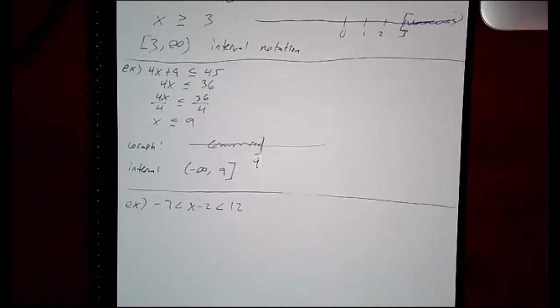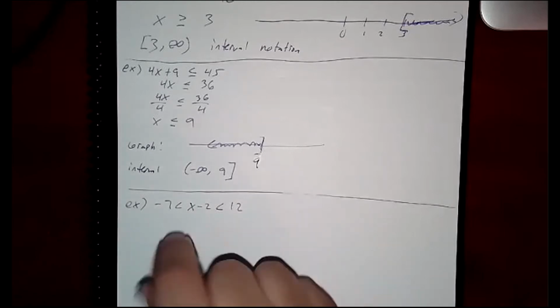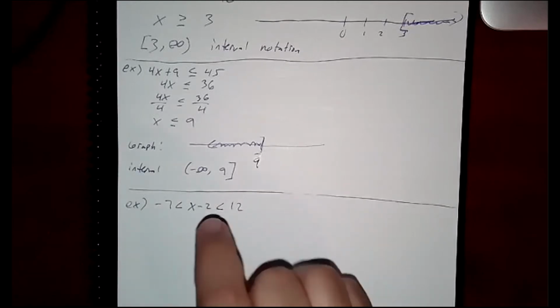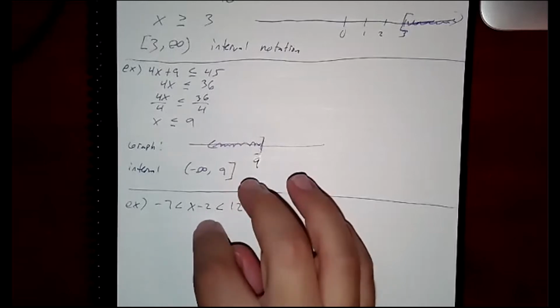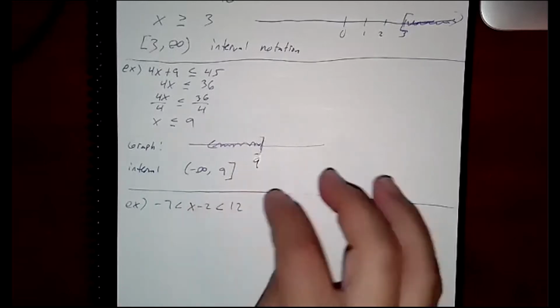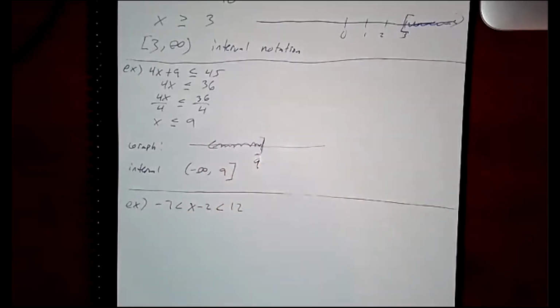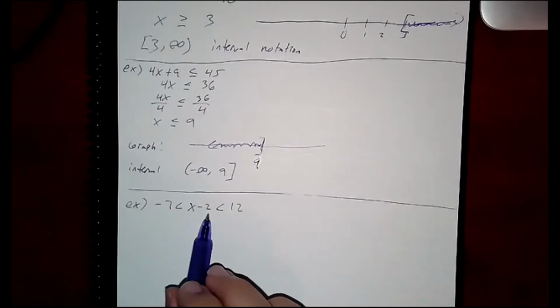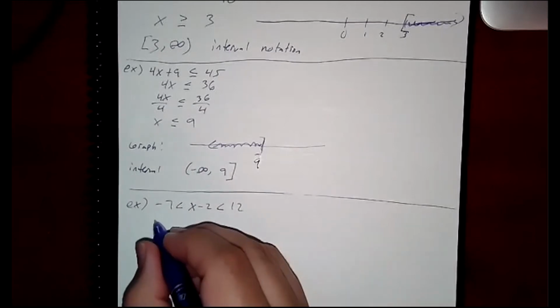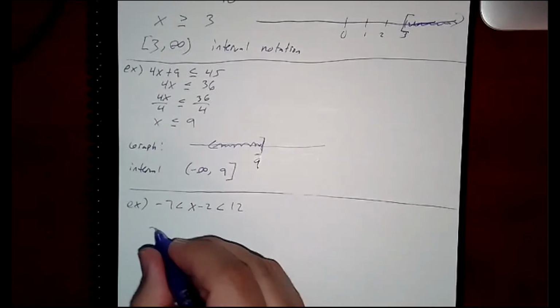So this has an enclosed space. You're going to solve for x, but the x is enclosed in the middle. So basically you isolate x, but when you add or divide or whatever, you have to do it to all 3 sides. So if I add 2, I have to add it to every single side.